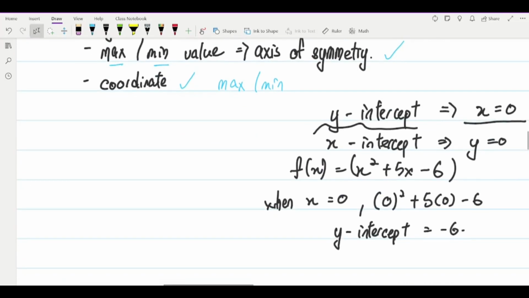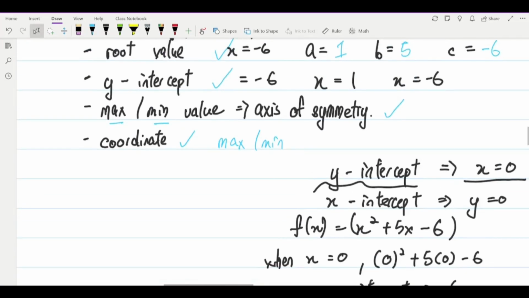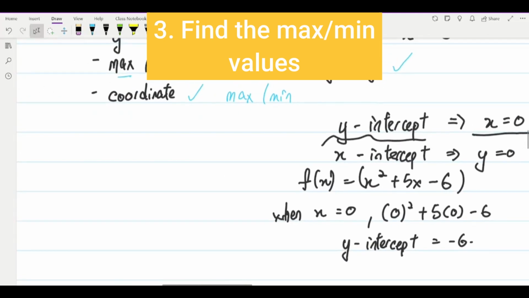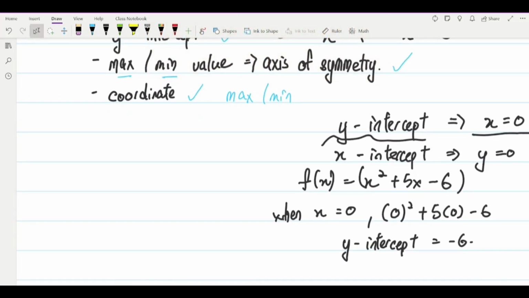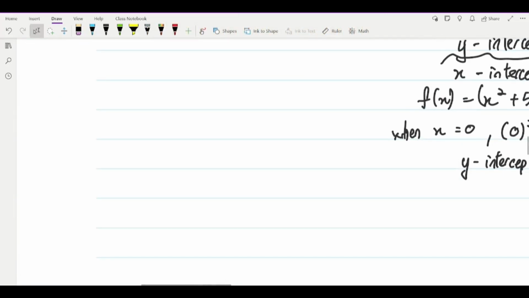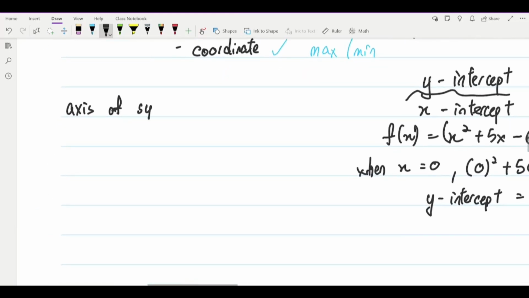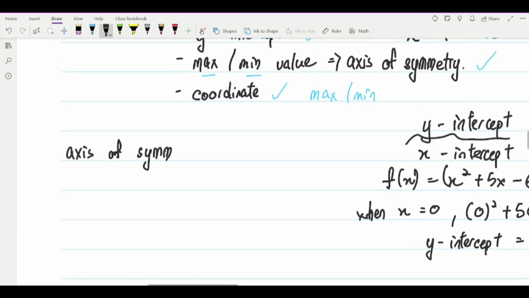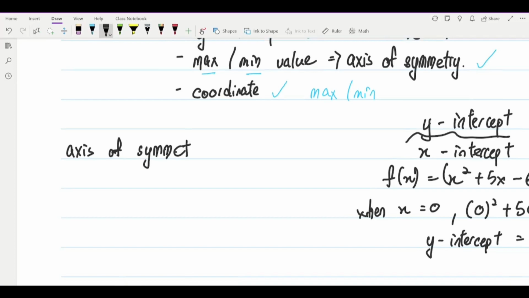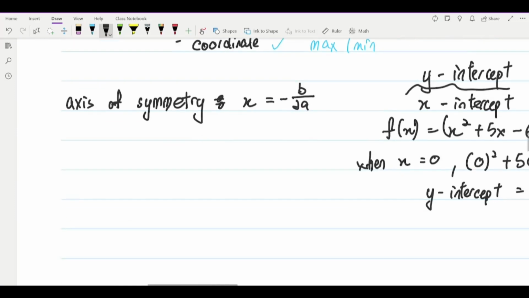Okay, next we want to find the maximum and minimum value using the axis of symmetry. Axis of symmetry, they have a formula x equal to minus b over 2 times a.